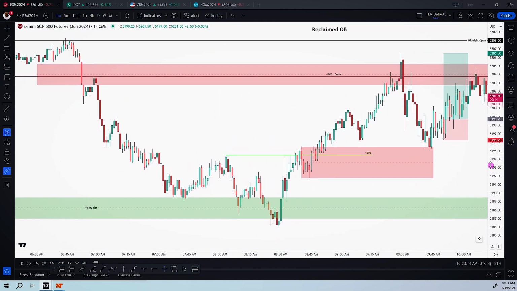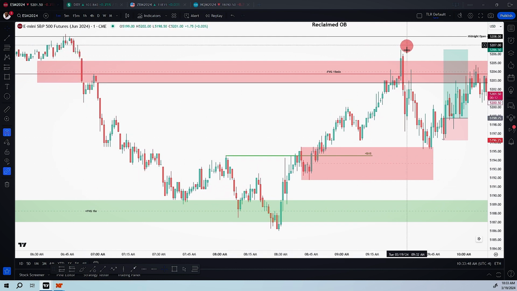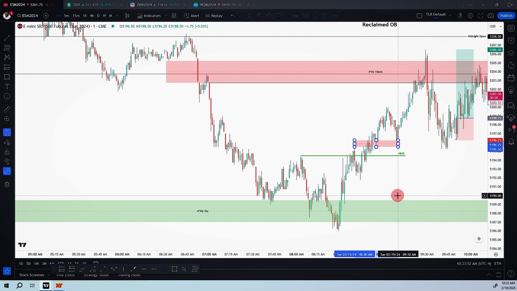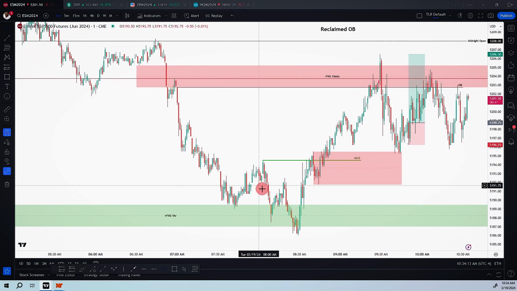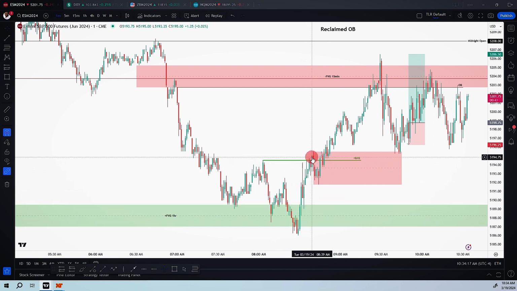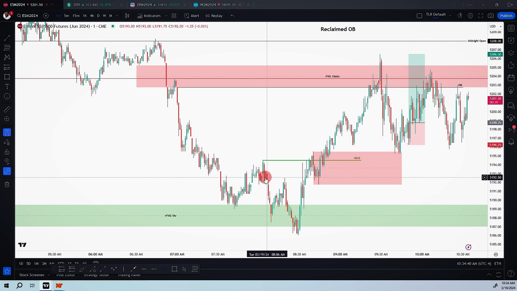So now we're anticipating it to play out. Here, let me get it in the screen. Okay, so we come up here, breaking market structure. We trade back down. We're looking at the areas over here.